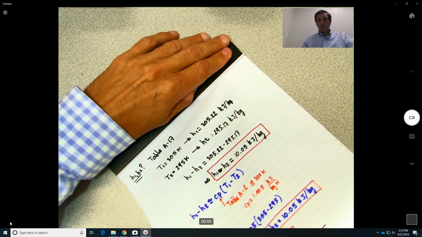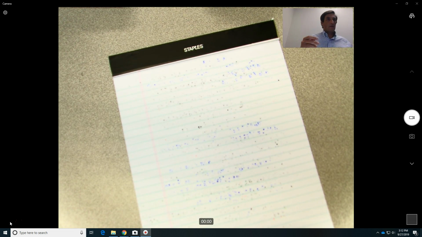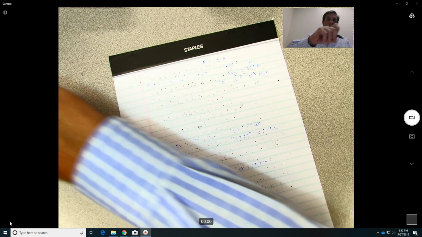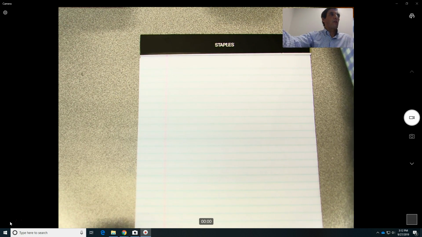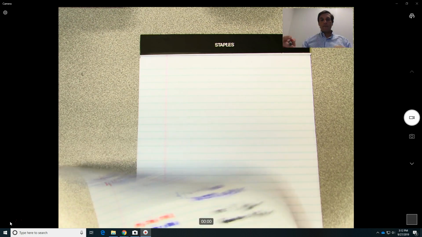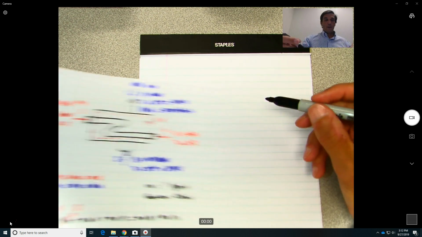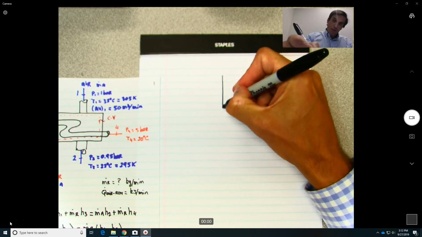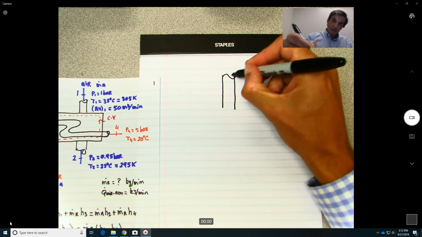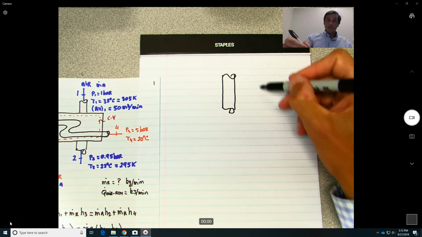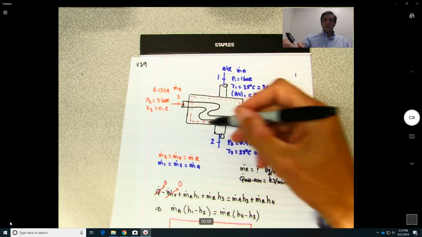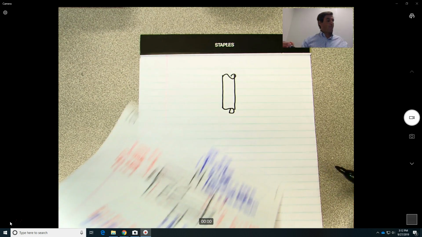Alright, so the last thing we need to do is what? We need to determine the amount of heat that is removed from the air. So I'm just going to do on this figure over here, I'm just going to plot the pipe of air. So this will be the air, and then all this stuff here will be the place where you have the refrigerant.